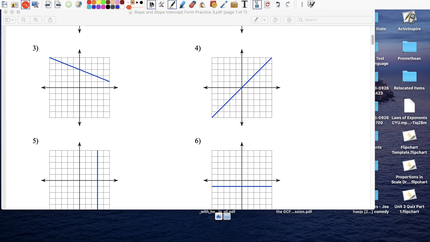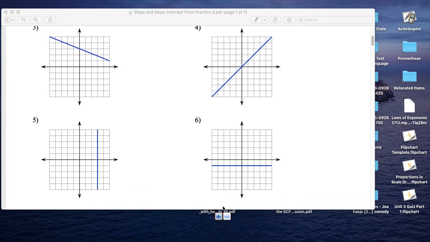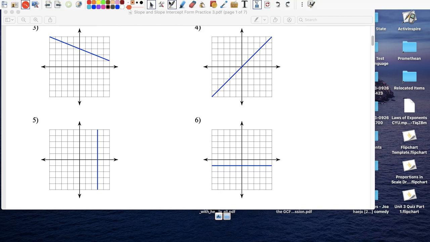Number 3, as we talked about today, it's undefined. Those of you who are listening, I'm going to do it anyway. So here, take these 2 points. This is 3 and 3, to the right 3, up 3, and this is 3 and 5.